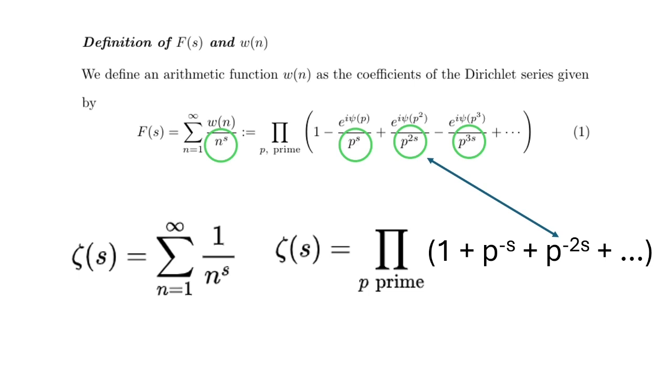So what's new here? Well, two things are new. First, we have e to the i psi of p to the k. Like when k is 2, for instance, we have psi of p squared in the exponent there. And that's that psi function that we were talking about in the last video.